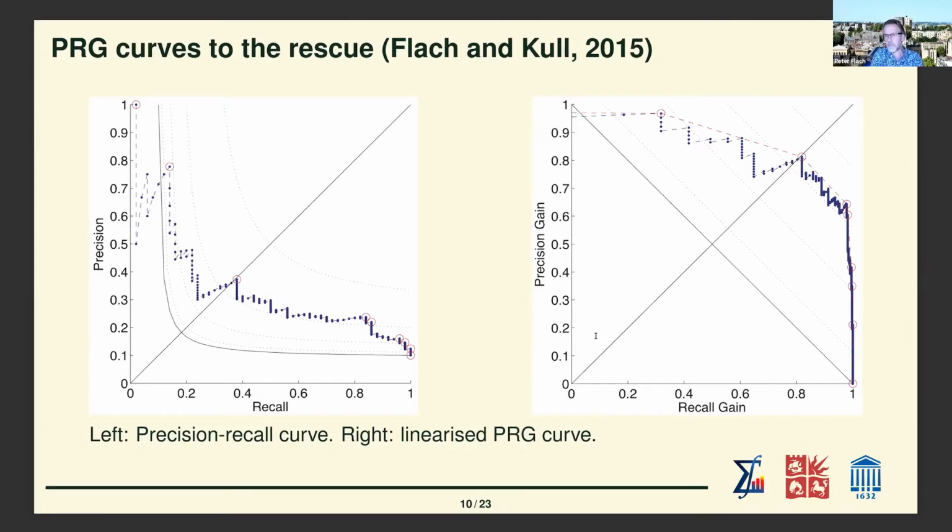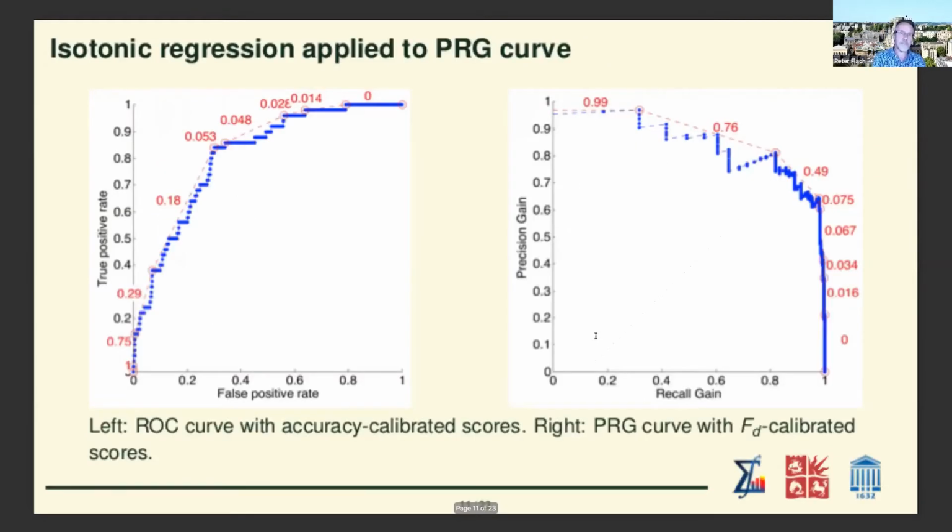For example, it has a convex hull, and because it has a convex hull, we can use a procedure essentially equivalent to isotonic regression to get calibrated scores out of that convex hull. An example is given on this slide.